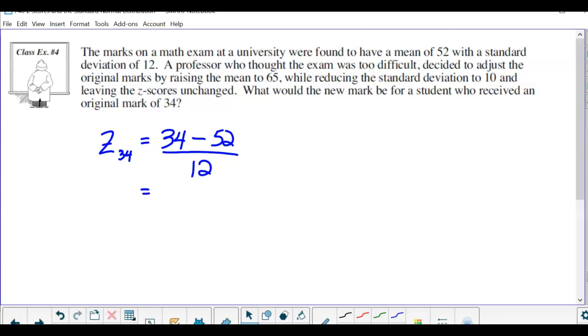It's going to be a negative z-score because it's a mark below the average. Then you want to find the new mark. I'm just going to copy out that formula again here.